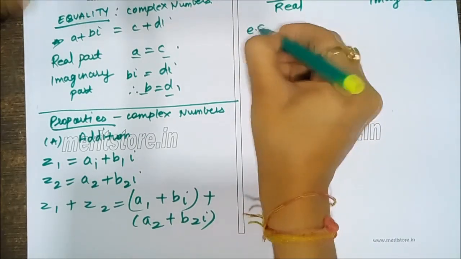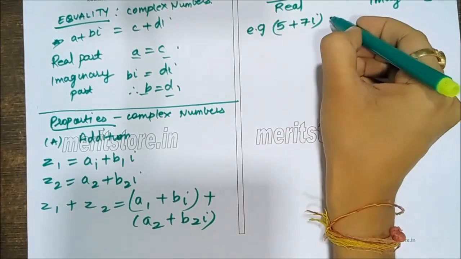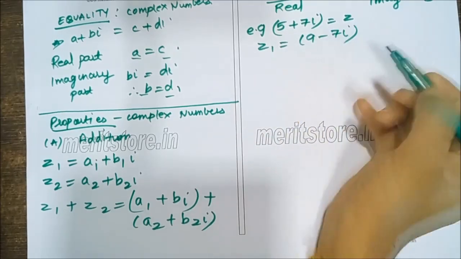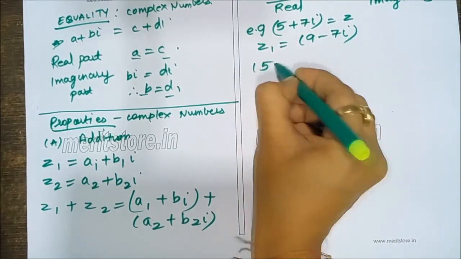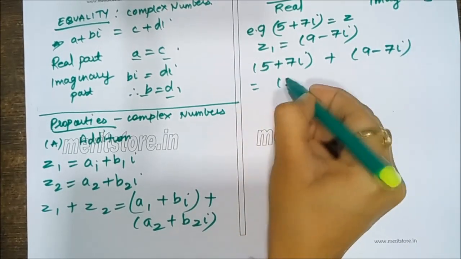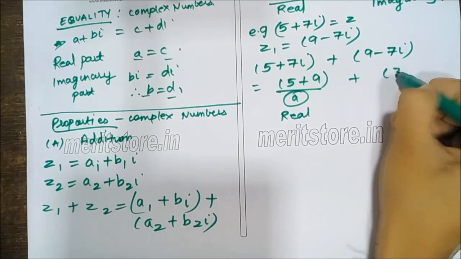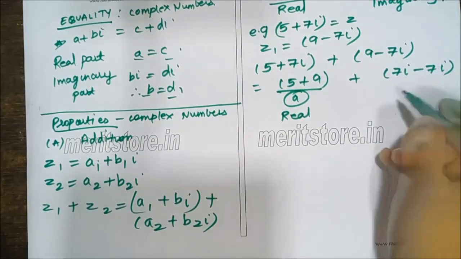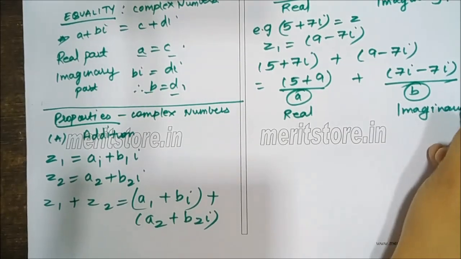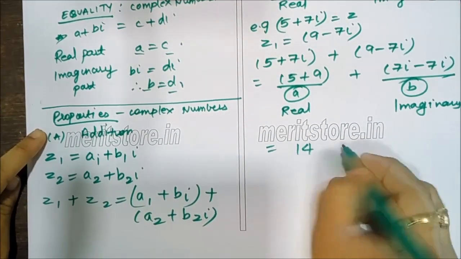So example, 5 plus 7i is z1, and z2 let's say 9 minus 7i. So if we are adding both of them, what will happen? We are taking real part together. This is your a, 7i minus 7i, this is your b. What would happen here? 14 plus 0i.